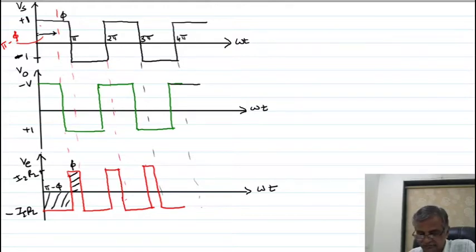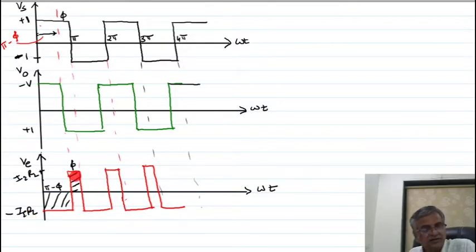Listen again. During pi minus phi, both transistors Q1 and Q3 are in forward bias. Q1 will conduct, Q3 will conduct, so the current passing through Q3 is large. So the voltage at the collector of Q3 is very low. That output voltage is nothing but minus IRL.